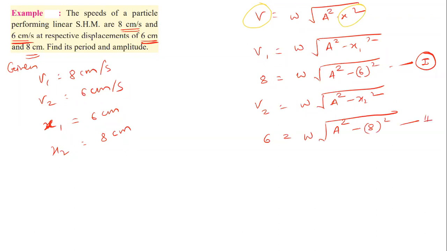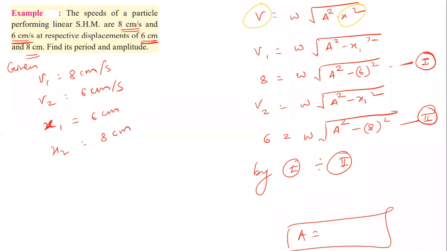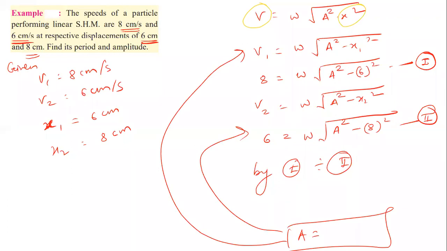Equation number 2. Divide equation 1 by 2, so omega gets cancelled, and you can find out a. As you get a, you can substitute it in equation 1 or equation 2 and find out omega. As you get omega, which is 2 pi by T, you can use that and you will get the period.